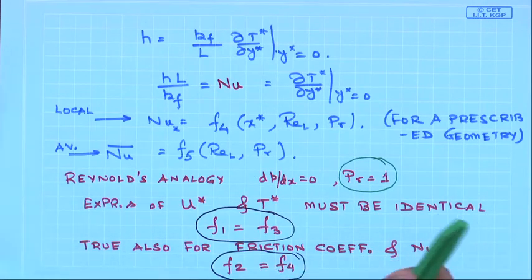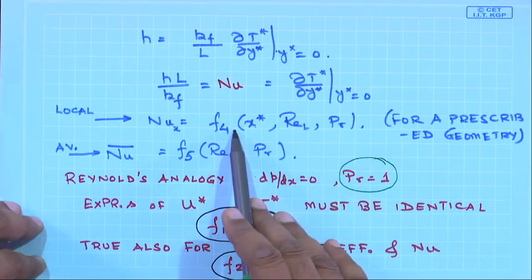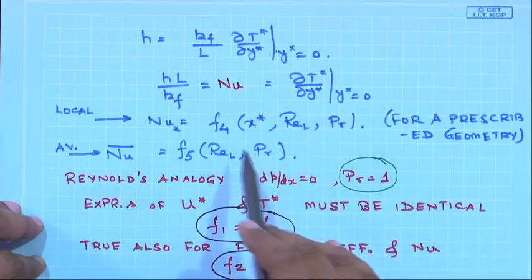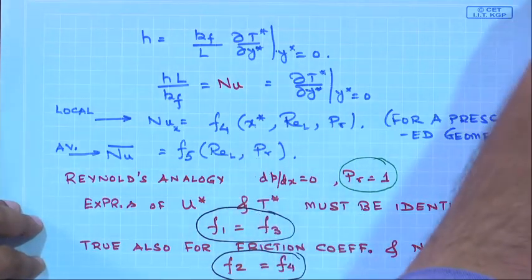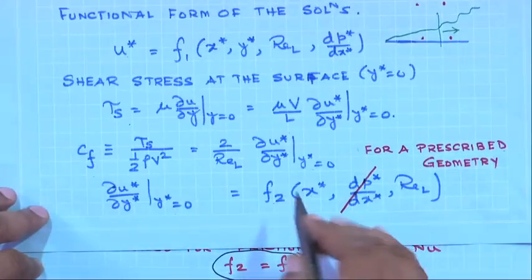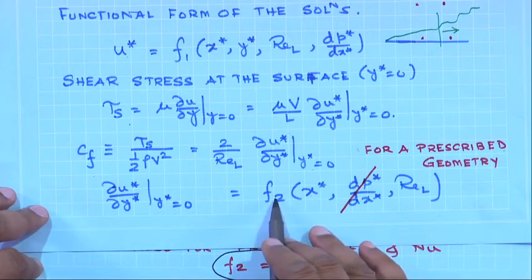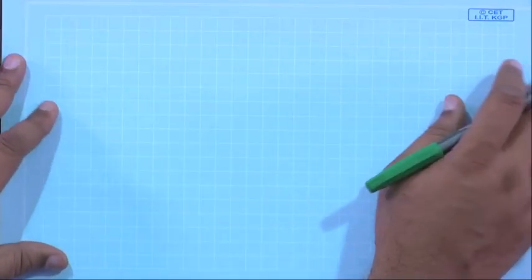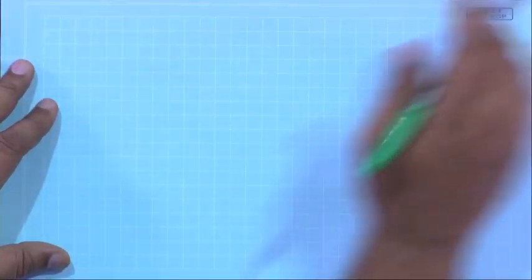So, if f2 is equal to f4, how does that help us? If f2 and f4 are identical, I will write these two equations once again to show how we can use them in this case.